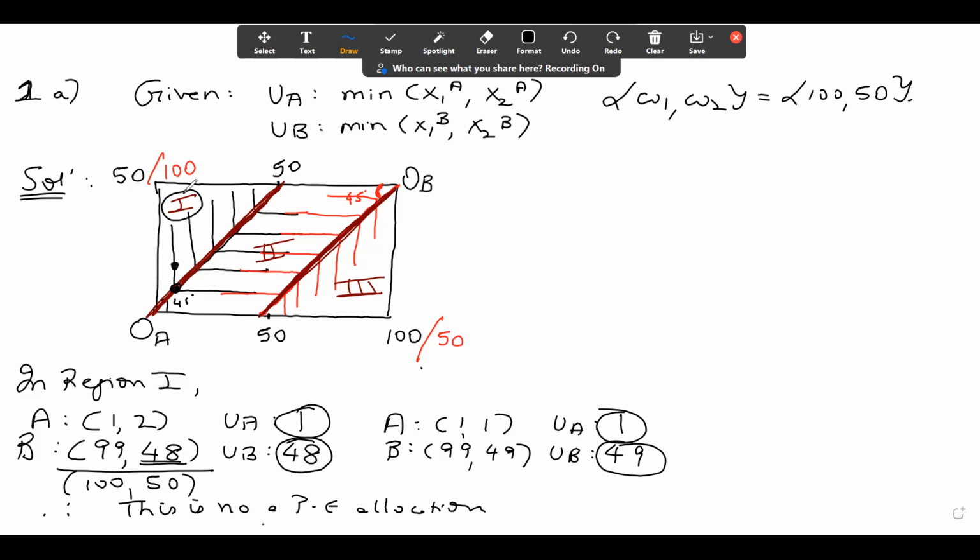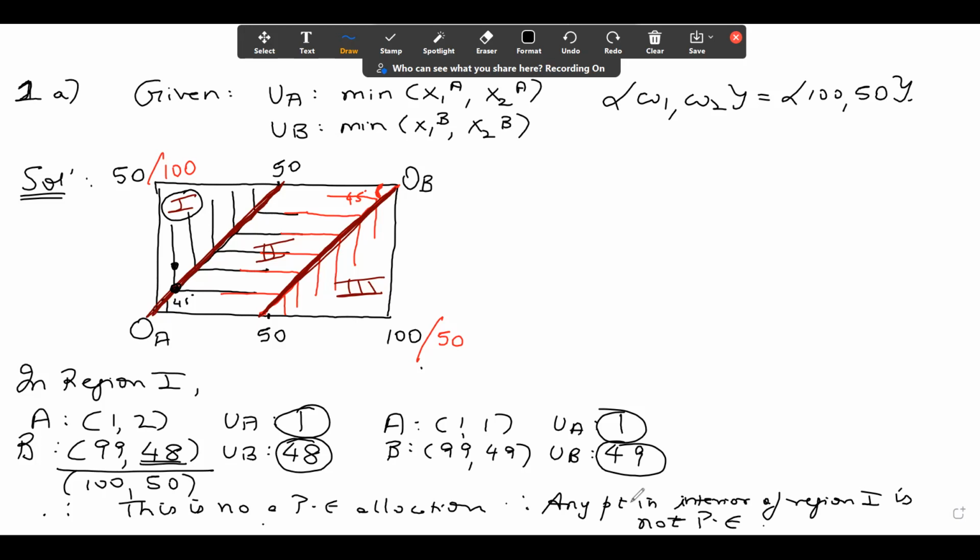I can generalize this and say, therefore, any point in the interior of region 1 is not Pareto efficient.